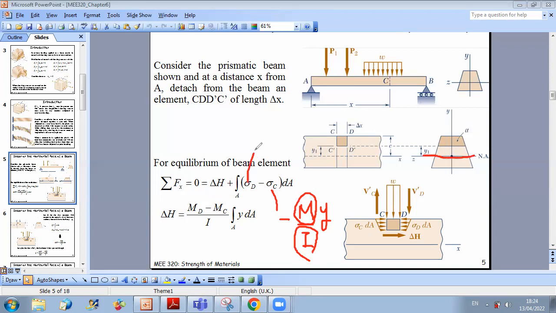By replacing sigma D first by minus M_D y over I, and minus sigma C will become plus M_C y over I, times y dA.